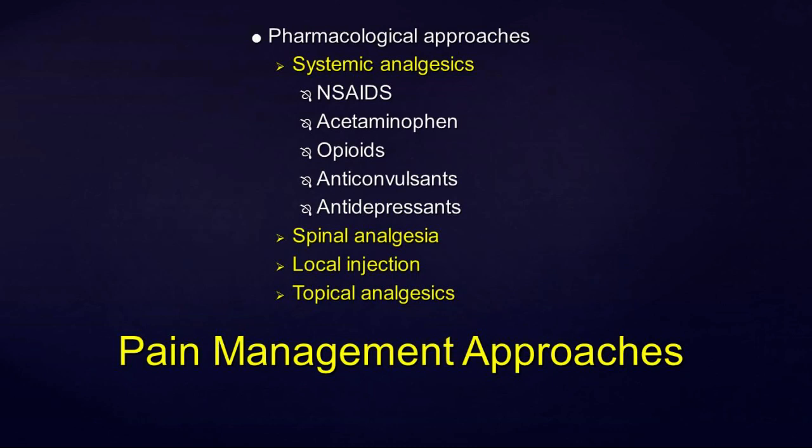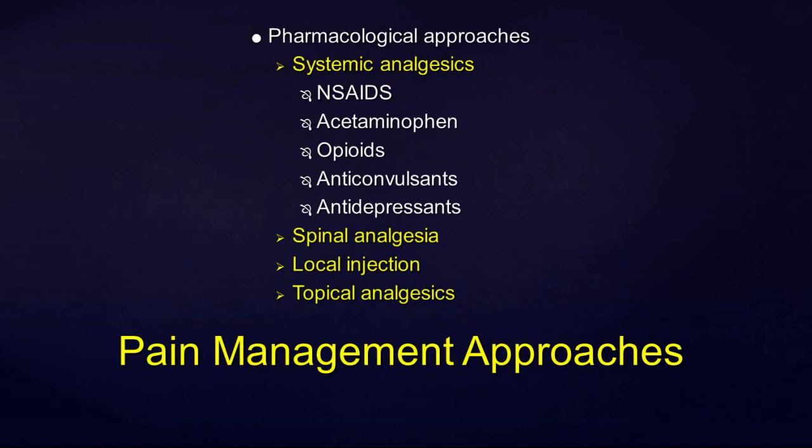So the types of pharmacological approaches that are used for pain management are systemic analgesics like NSAIDs, non-steroidal anti-inflammatory drugs, acetaminophen, which is Tylenol, opioids, anticonvulsants, which sometimes people call muscle relaxants, and antidepressants can sometimes have an effect on pain as well. Spinal analgesia, where they actually inject the analgesic agent into the spinal cord.